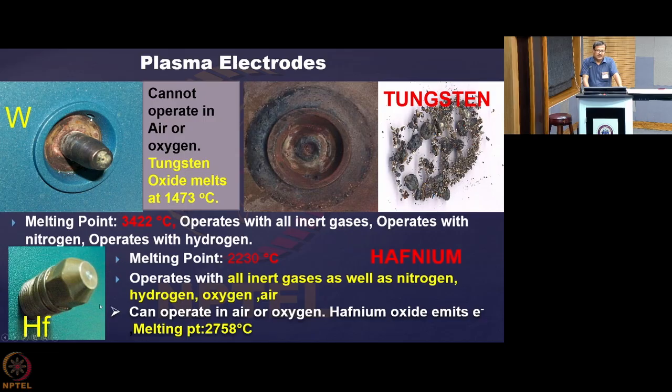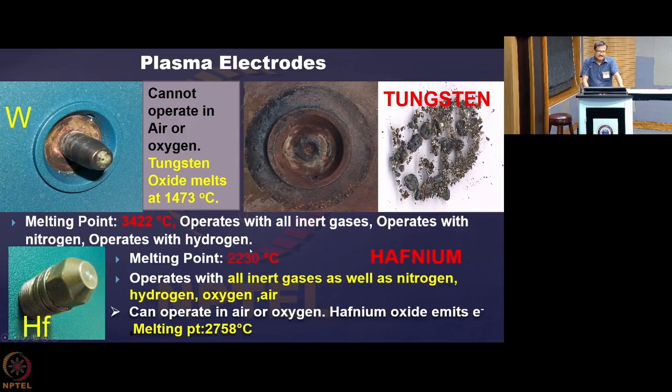On the other hand, if you want to operate some arc device in an oxidizing environment, then there are other electrodes. What has been found is that hafnium and zirconium are probably the best candidates for operating such devices. This is because hafnium has a melting point of 2230 degrees centigrade, but the moment it gets oxidized, its melting point becomes 2758 degrees centigrade.